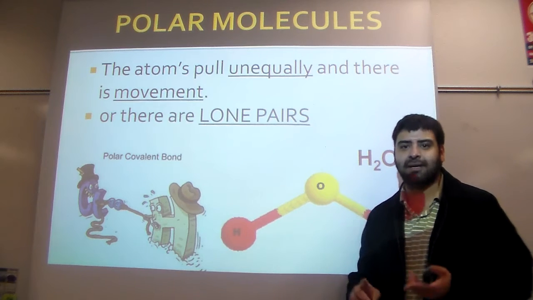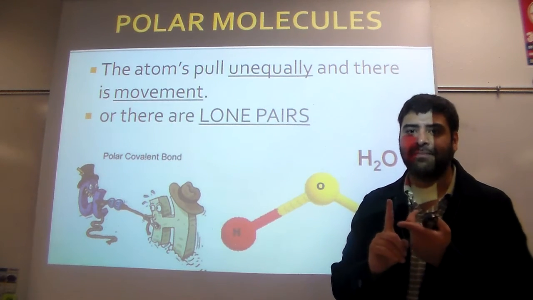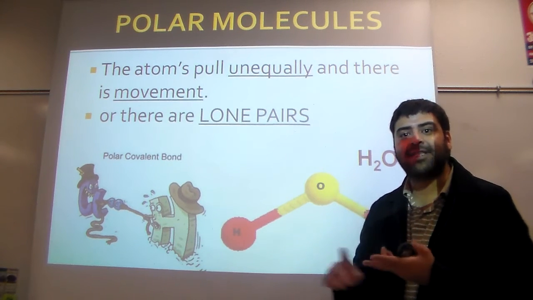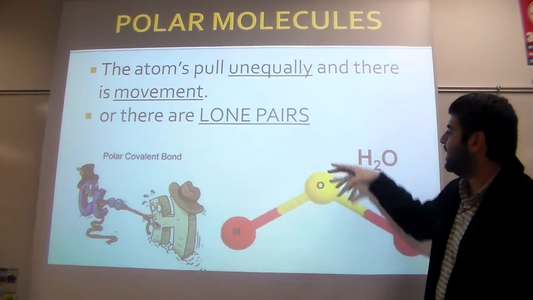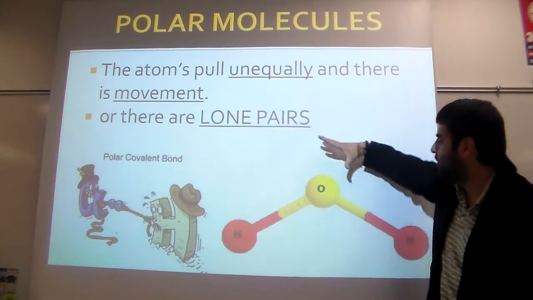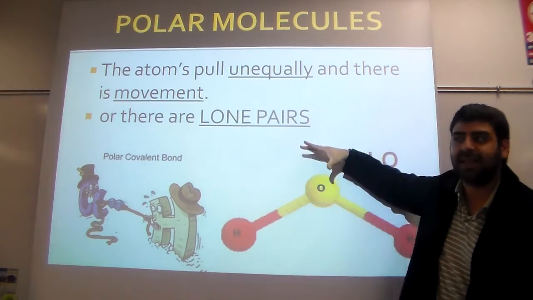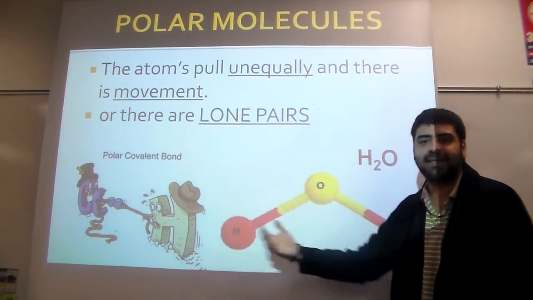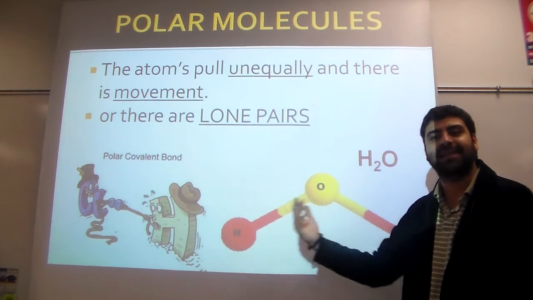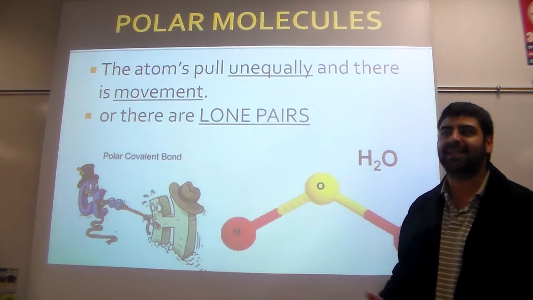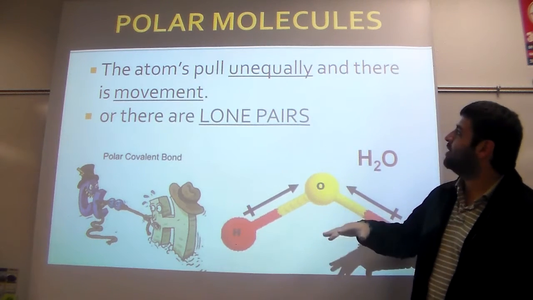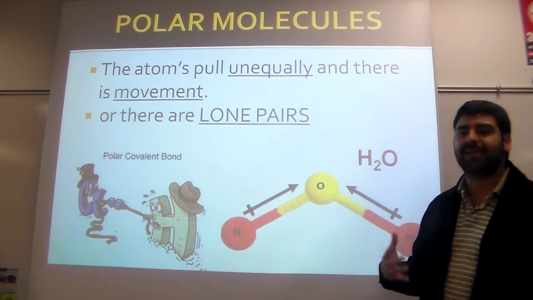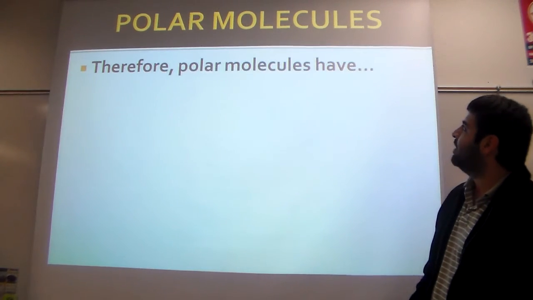And one of those things is water has a shape that is called bent, and its structure is polar. The reason is these lone pairs up here push everything down, so there is movement. There is not this equal distribution of electrons, and things are not shared.